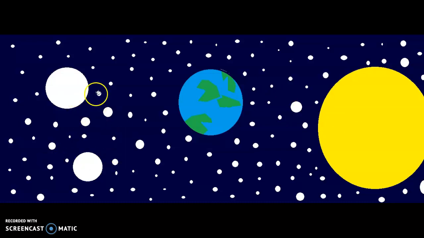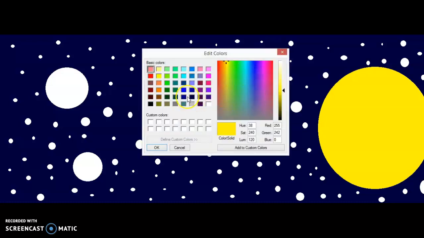Now let's move on to the moon. I'll choose grey color. To find grey color, go to edit colors and choose this color, and see how much medium you need. So I'm taking this much.